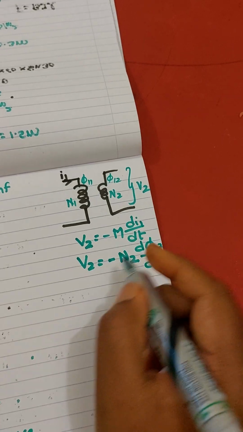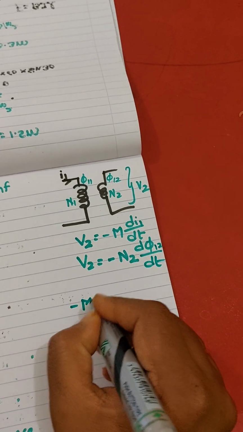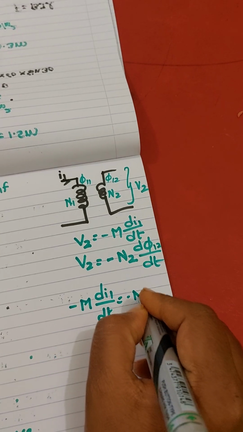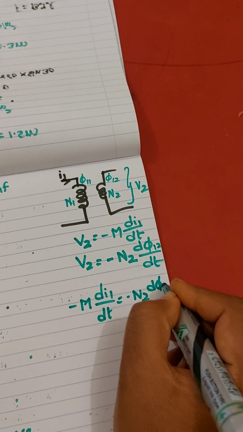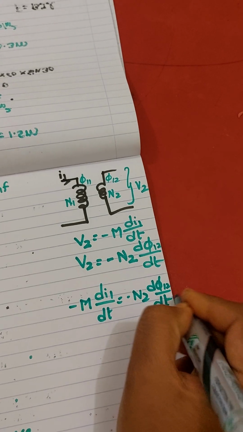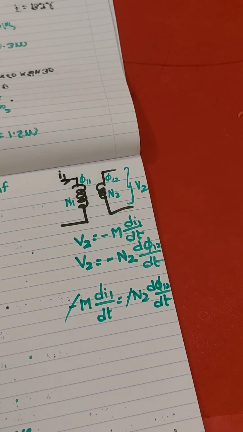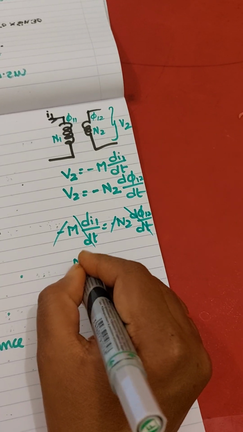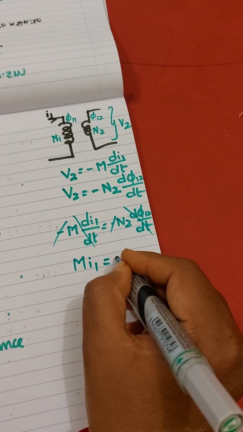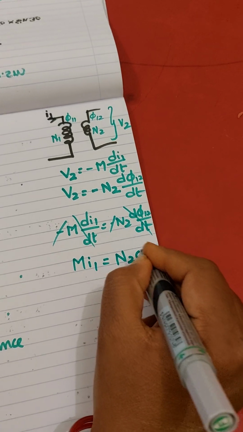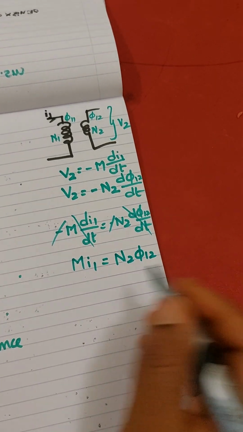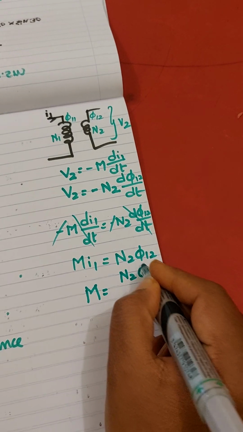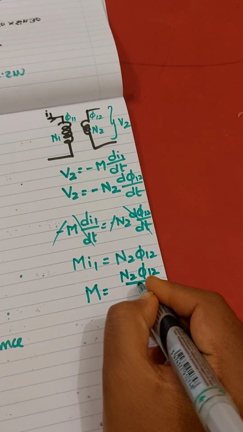I can equate these two: minus M dI1/dt is equal to minus N2 d phi12/dt. The negatives cancel and d/dt cancels. It means M I1 is equal to N2 phi12, so mutual inductance M is equal to N2 phi12 by I1.